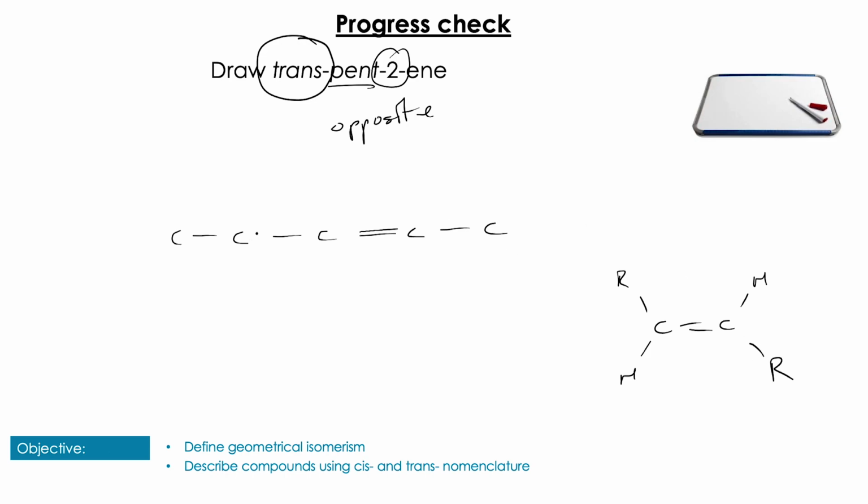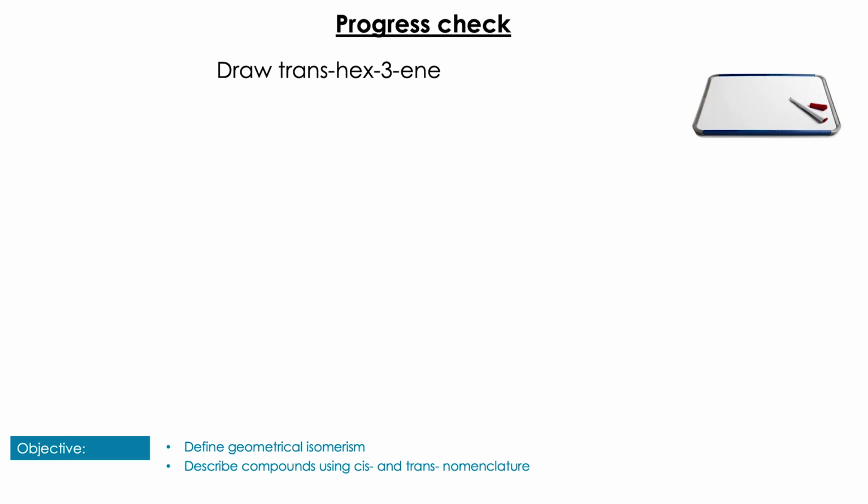Now you need to remember that when you're drawing it as a straight chain, you need to indicate that you understand which side of the double bond they're on. The easiest way to do that is to rotate the hydrogens around. That straight chain represents the exact same thing as drawing the C2H5 up here and the CH3 down in the bottom.